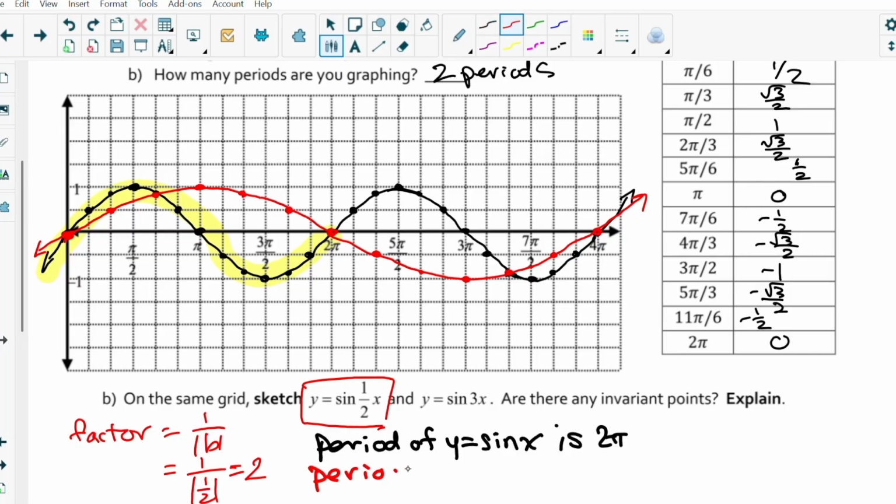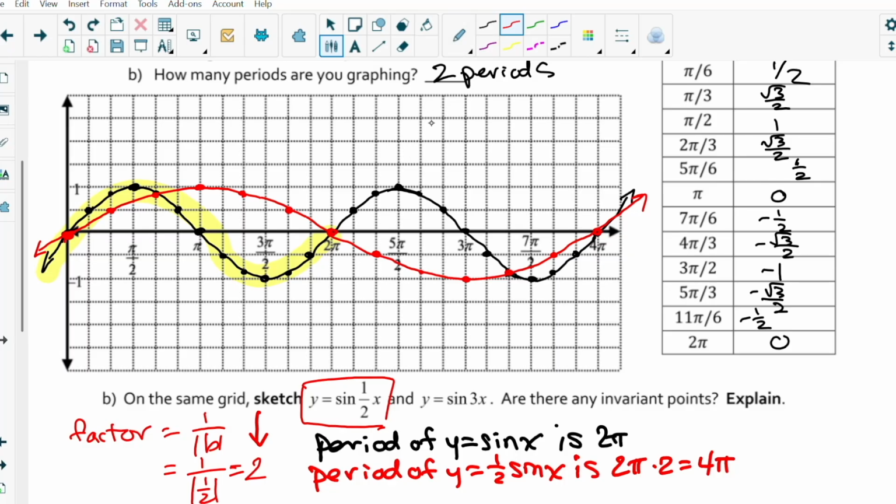What's the period of y equals 1/2 sine of x? Well, we multiply by a factor of 2, so therefore it must be 2 pi times 2, which is 4 pi. Is the period of the red graph y equals 1/2 sine of x 4 pi?